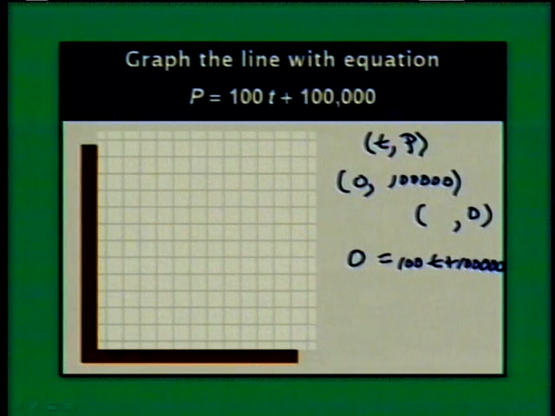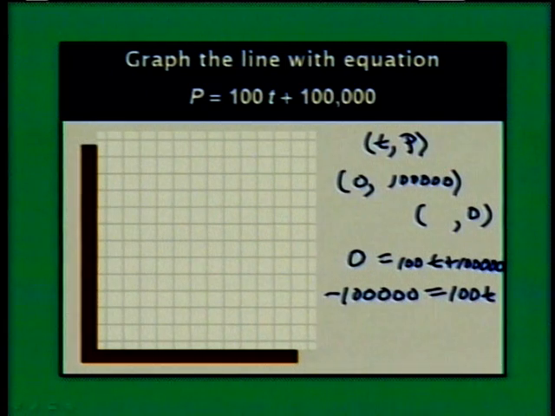Subtracting 100,000 from both sides of the equation, we have minus 100,000 equals 100t. Dividing both sides of the equation by 100 leaves us with t on the right and lops off two of the zeros on our minus 100,000, leaving us with minus 1,000. So the t-intercept is the point minus 1,000, 0.